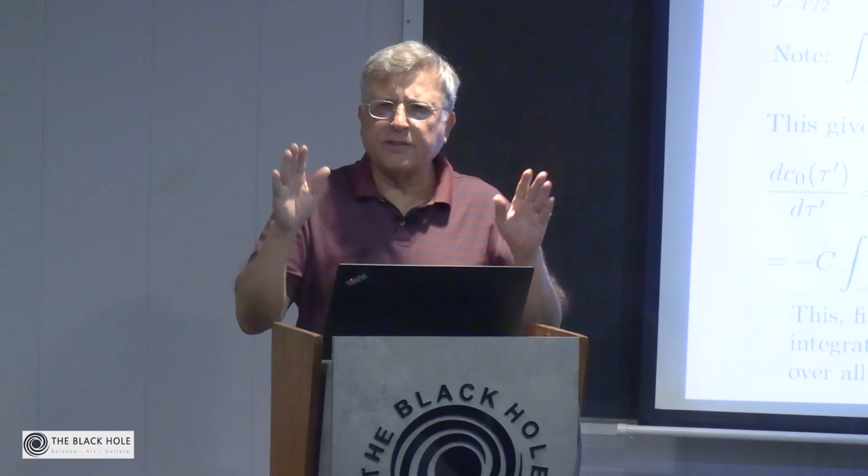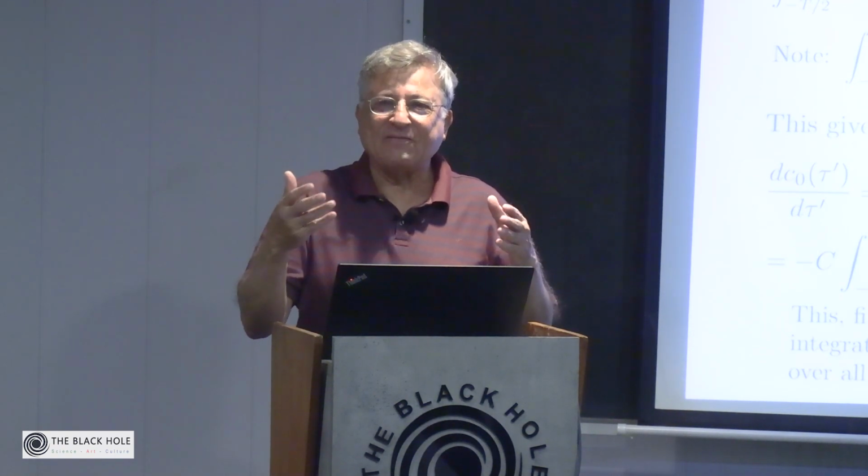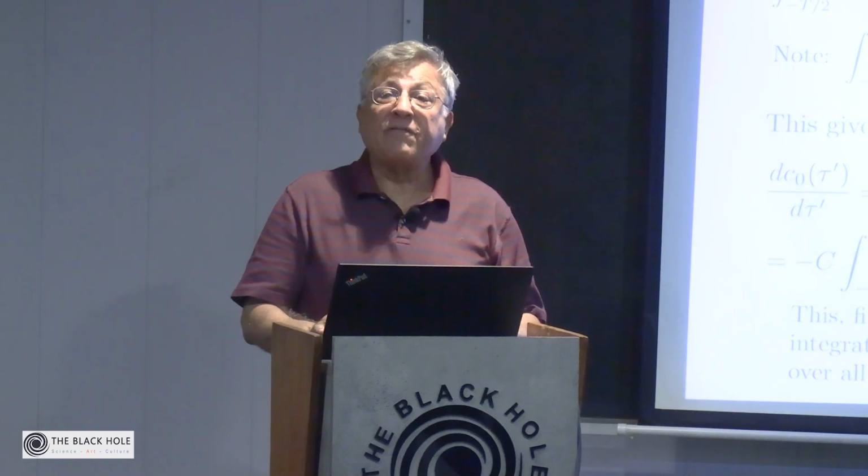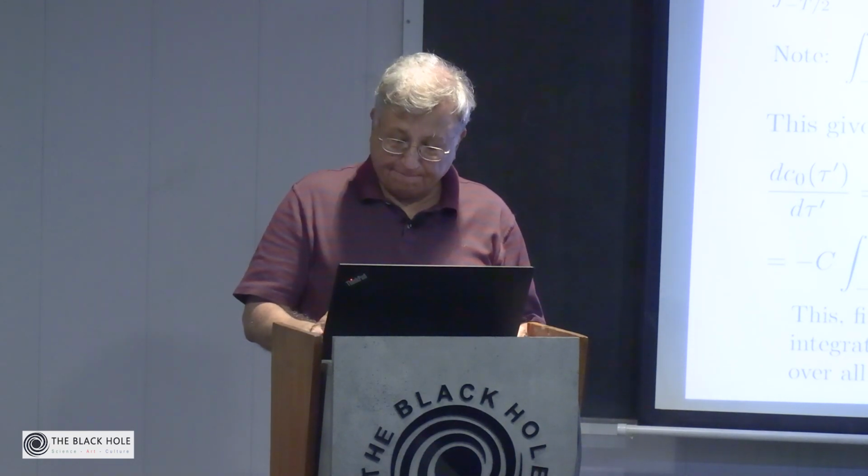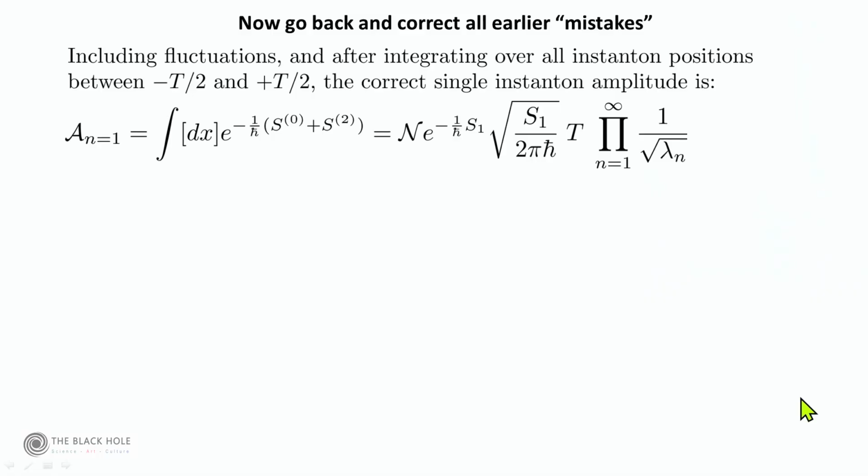But we shouldn't be ashamed of such things, as long as they clarify things. However, now we are in good shape. So let's correct our earlier mistakes. The amplitude for a single instanton, so n equals 1 means one instanton only, between minus t over 2 and plus t over 2.